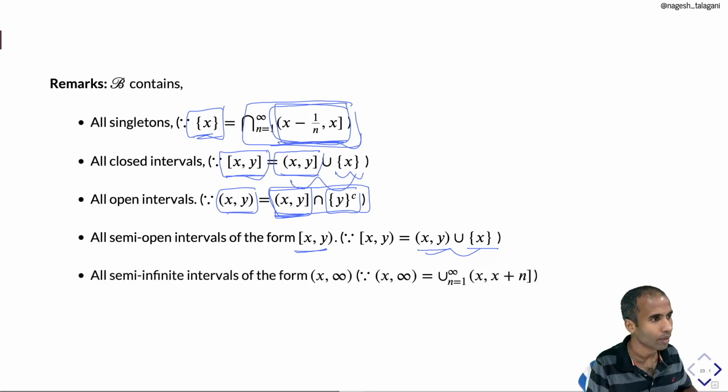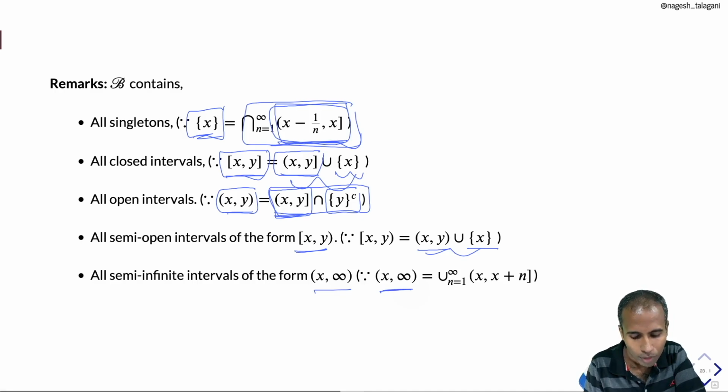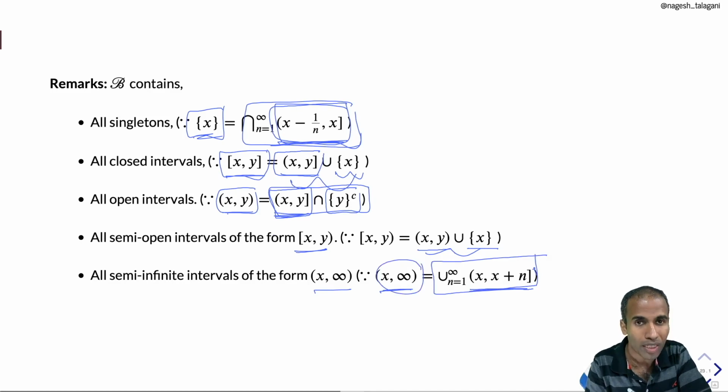Fine. Next, intervals of this form are also going to be Borel sets because these intervals can be expressed as a countable union of intervals of this form, open-closed. These are basic elements of the Borel sigma field, and a sigma field must be closed under countable union. So this candidate must be a Borel set.